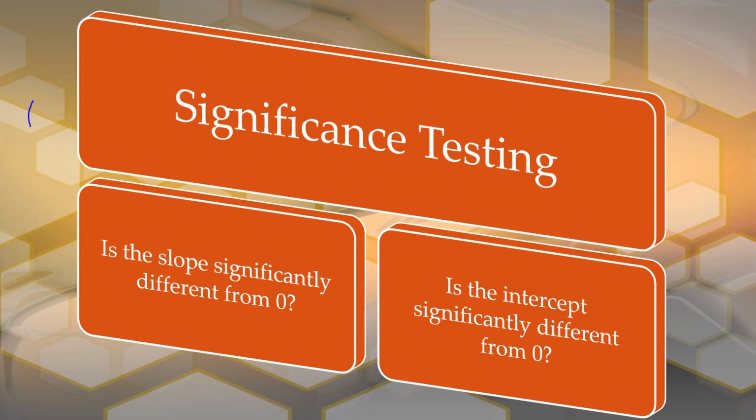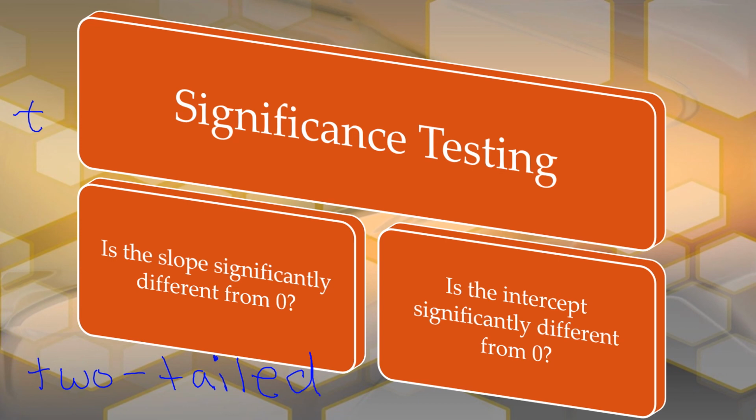We can also use an F. But generally, we use a t statistic. And generally, they're two-tailed. And there's not really a good reason why they're usually two-tailed. I think it's just the default of statistical software that it's two-tailed.